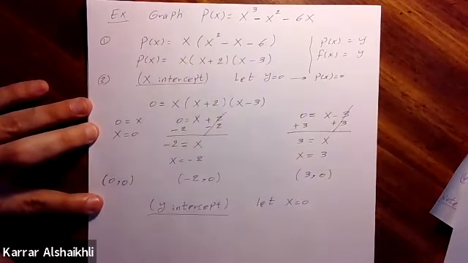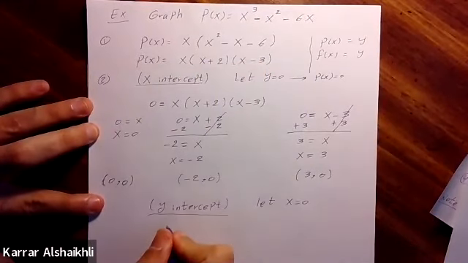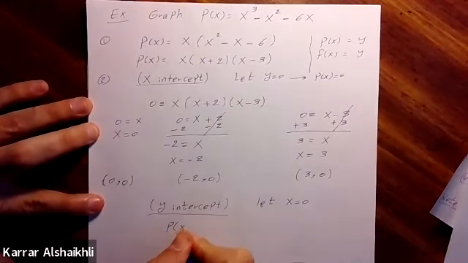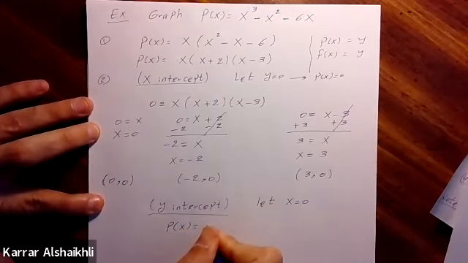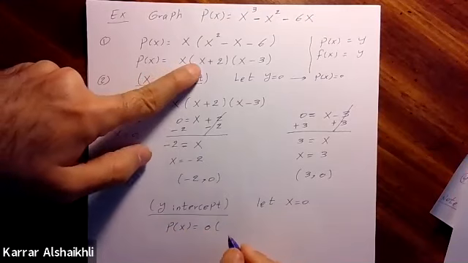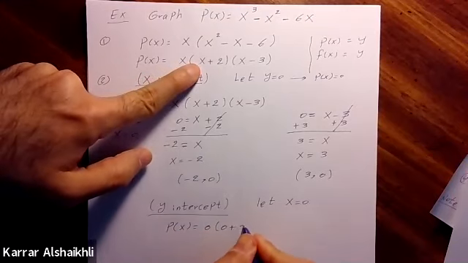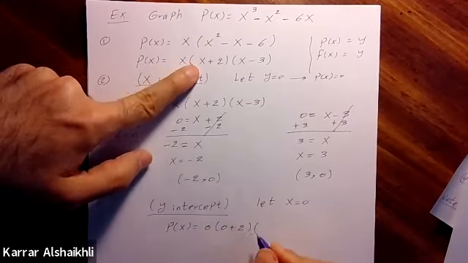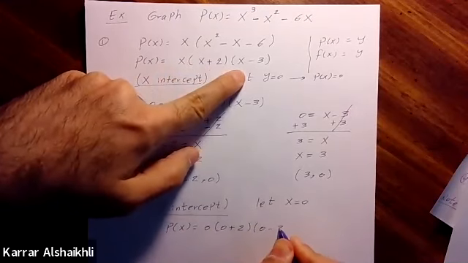That means p of x is going to be, this one is going to be 0, this one is going to be 0 plus 2, this one is going to be 0 minus 3.